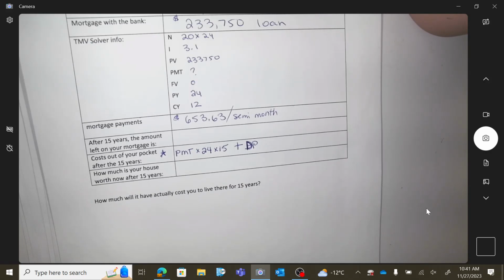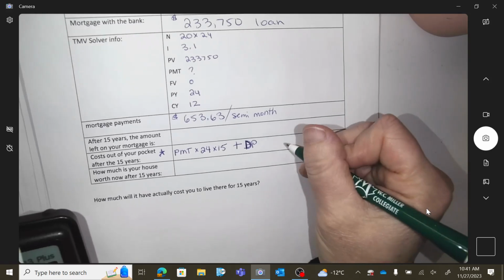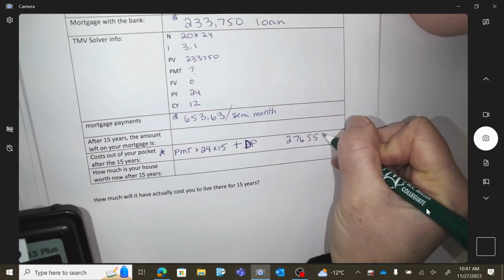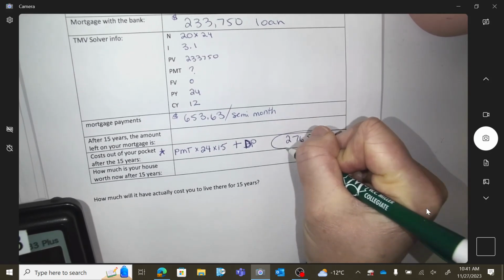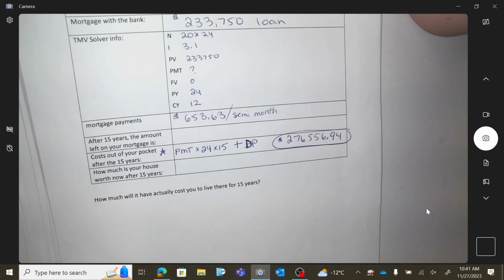Can you get me a number with that? Yay or nay if anybody matches?